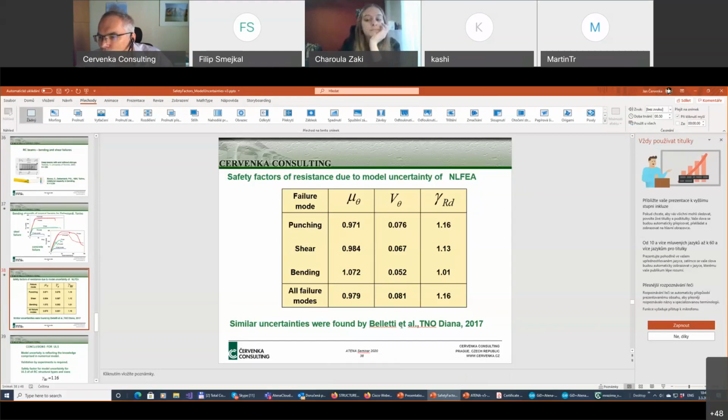But JCSS is really a probabilistic code, and I think they provide guidance for the fully probabilistic assessment. And I don't think they treat the model uncertainty. They provide maybe just a general framework for how this model uncertainty could be evaluated by probabilistic approaches, which is basically what we have done in this study.